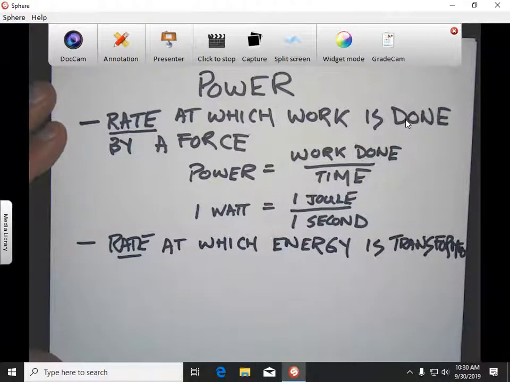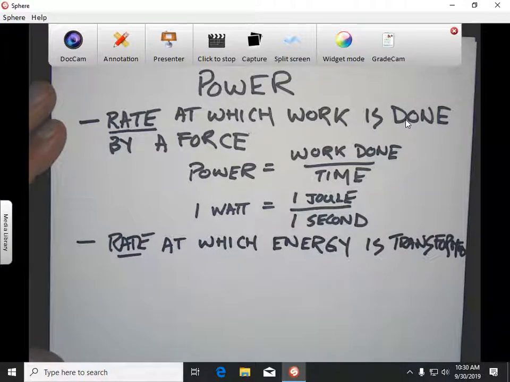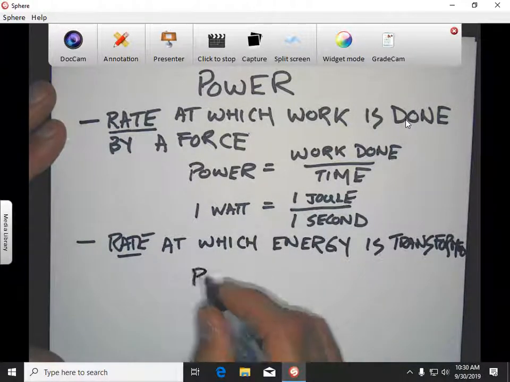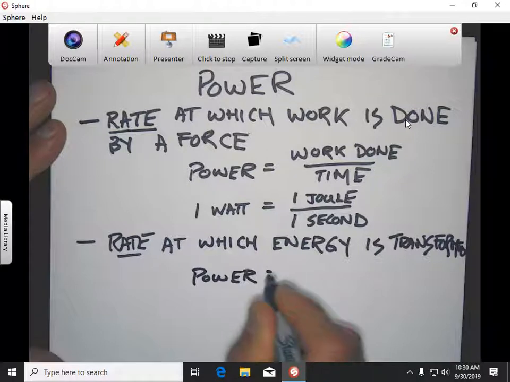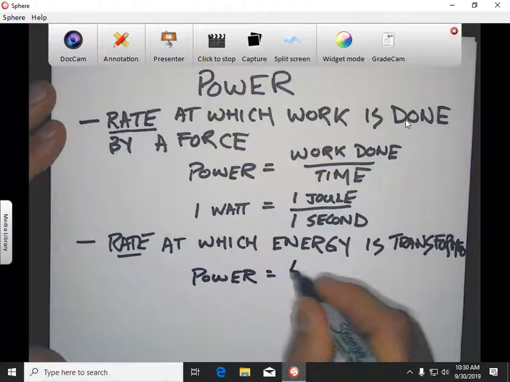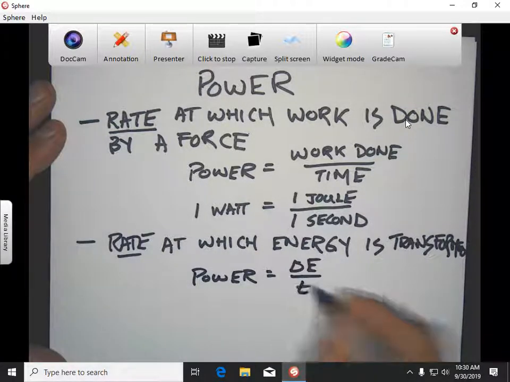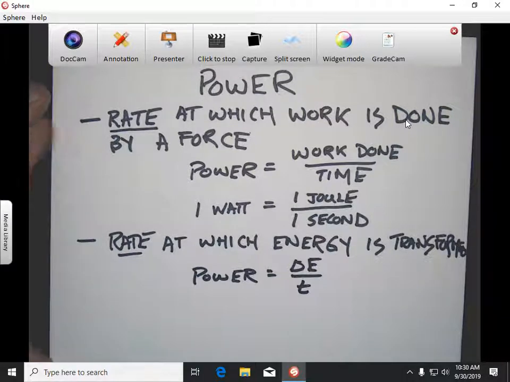So you can also think sometimes about power as being some transformation of energy over time. And you'll see from the examples that we do that either way of thinking about power is kind of equivalent. The important thing is that power is a rate.